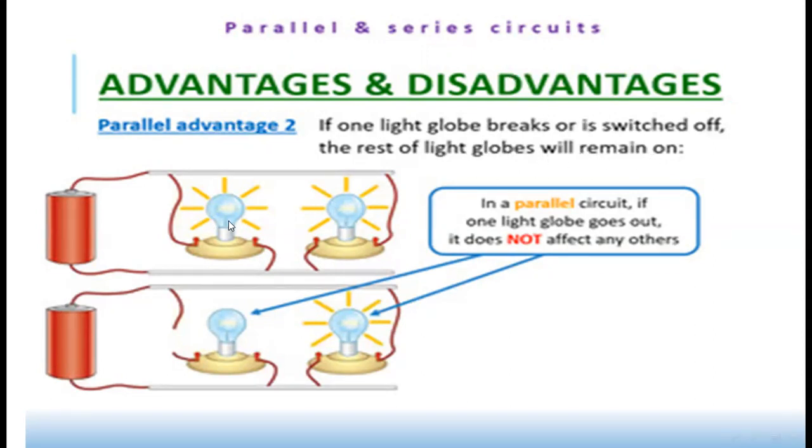In a parallel circuit, if one light globe goes out, it does not affect any other.